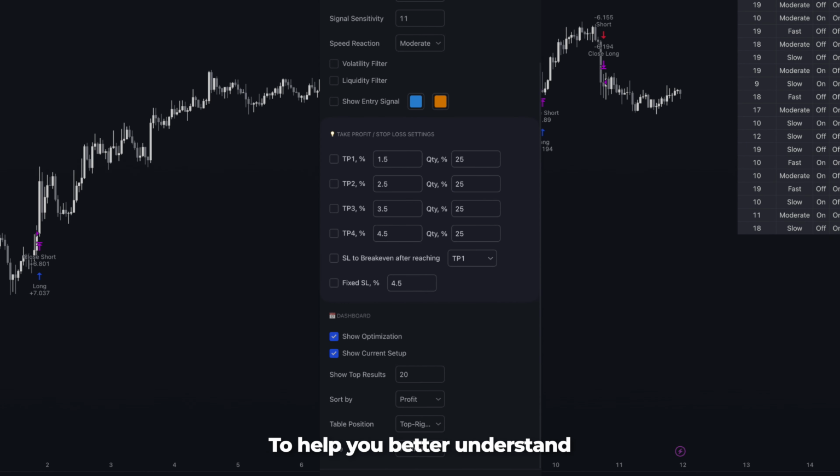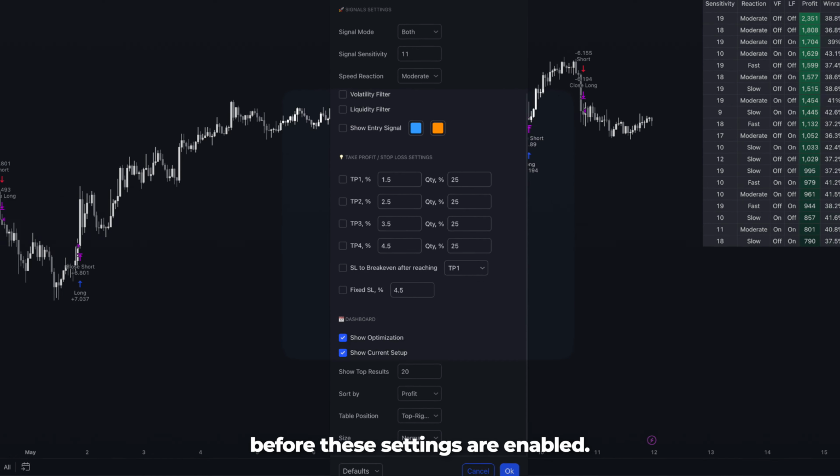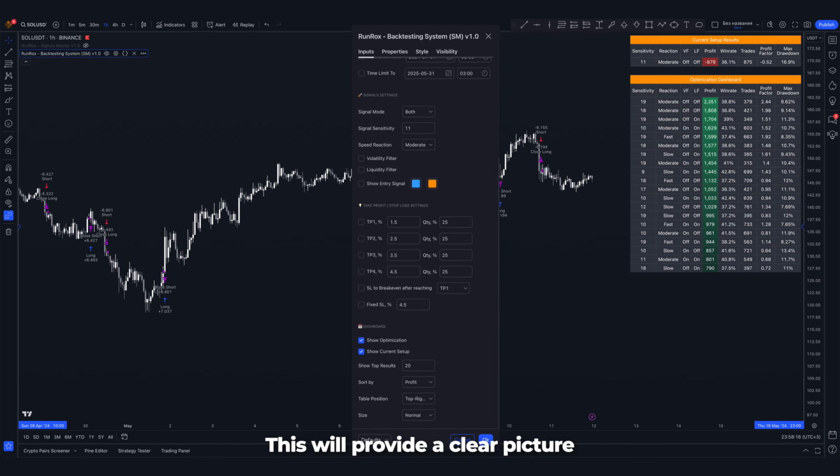To help you better understand how setting take profits and stop losses works, let me explain how testing functions before these settings are enabled. This will provide a clear picture of the impact these critical parameters can have on the performance of your trading strategy during backtesting.